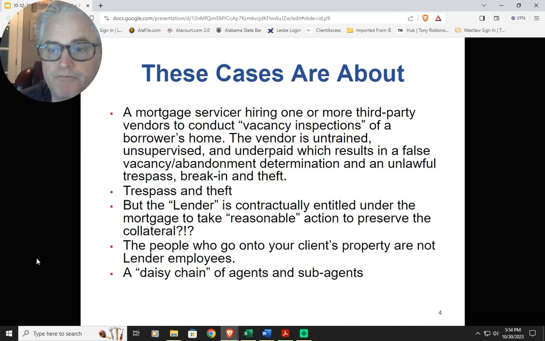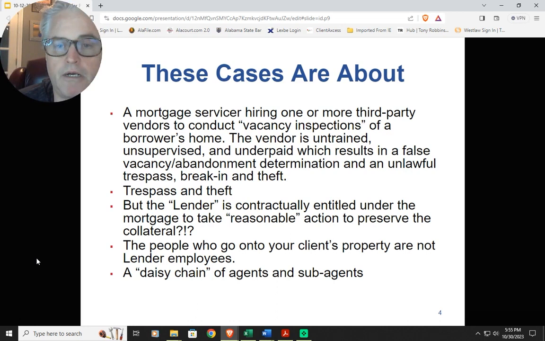And what happens is you start this sort of daisy chain of problems where you get into trespass and theft. Generally that's done in the name of the lender taking reasonable action to preserve the collateral. People who go into your house are not employed by Ocwen or Wells Fargo or any other major servicer.